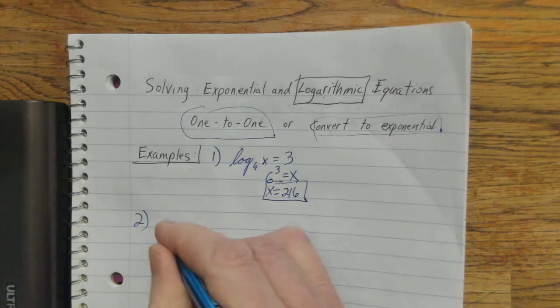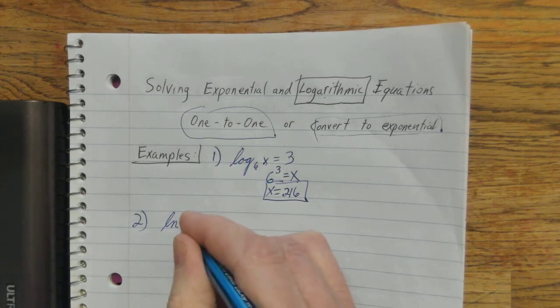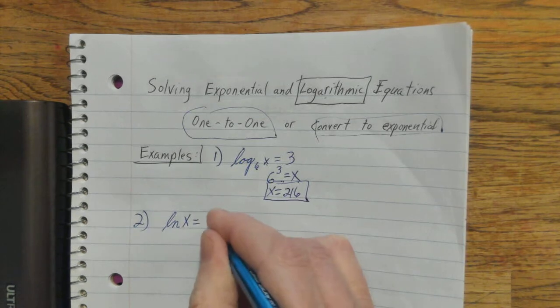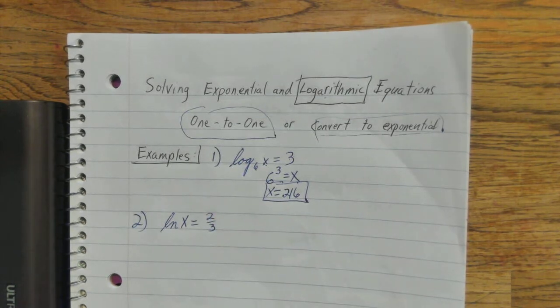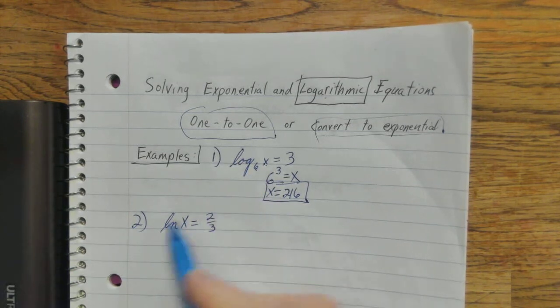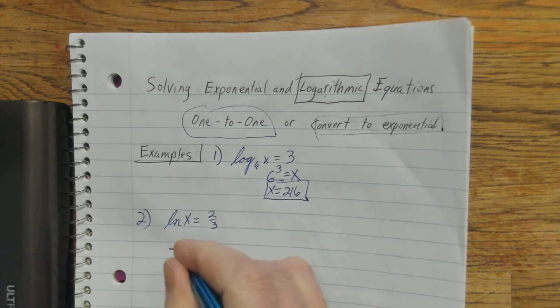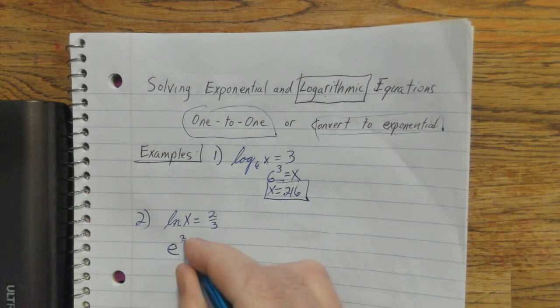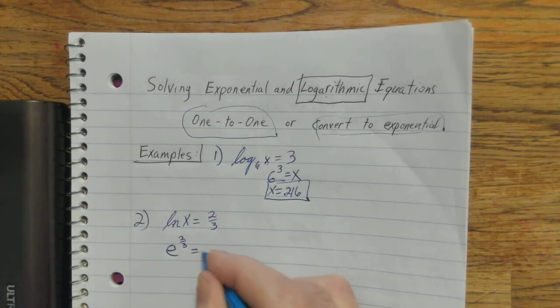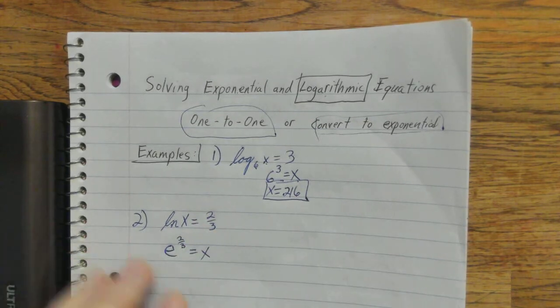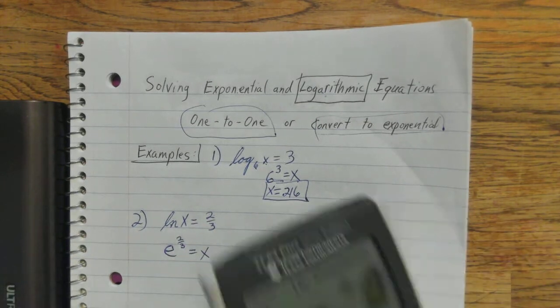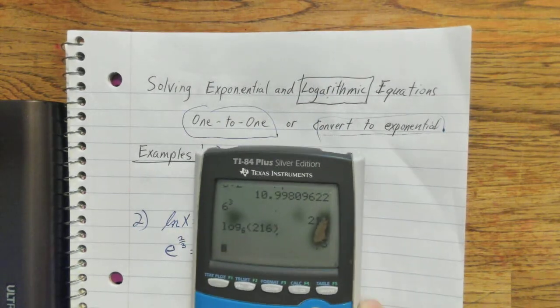Now my second example. Natural log of x is equal to 2/3. And this is another one. I think I just want to do what I did up here. Now remember, this is log base e. So I'm going to take e to the 2/3 power, and that should equal my x when I rewrite this as an exponential equation.